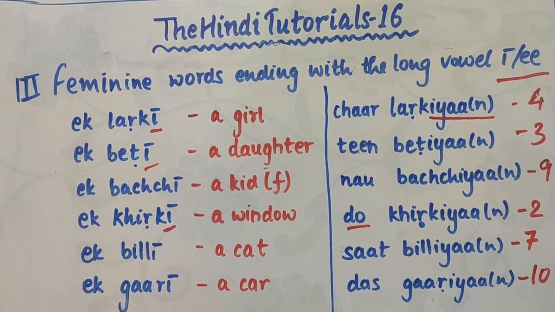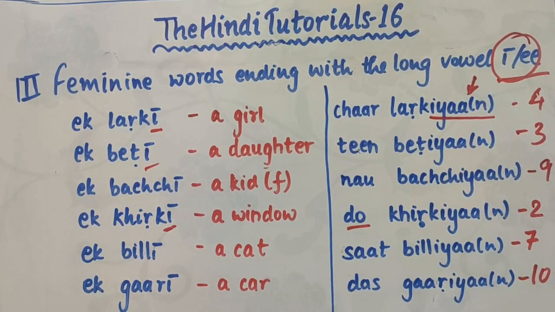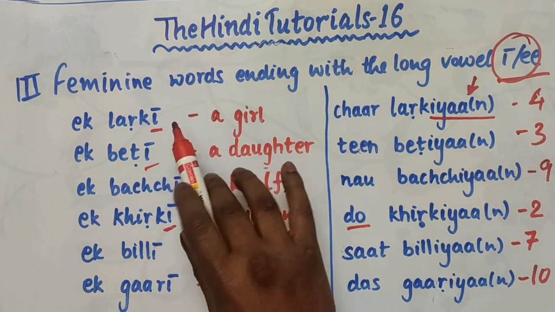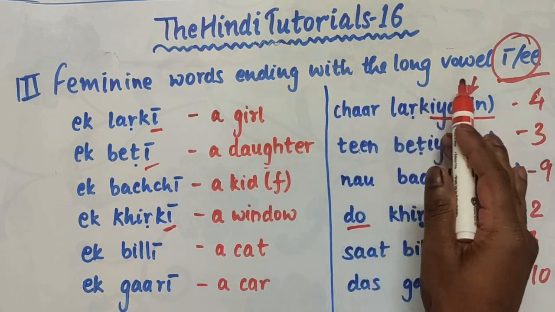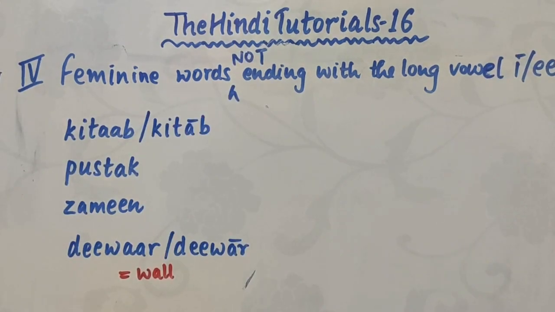Okay. So you see the pattern. All the feminine words ending with the long vowel E are converted into plural by this rule. Okay. Now the final set of words will be feminine words not ending with the long vowel E. So here we have the last set of words, feminine words that end with anything else apart from the E sound.